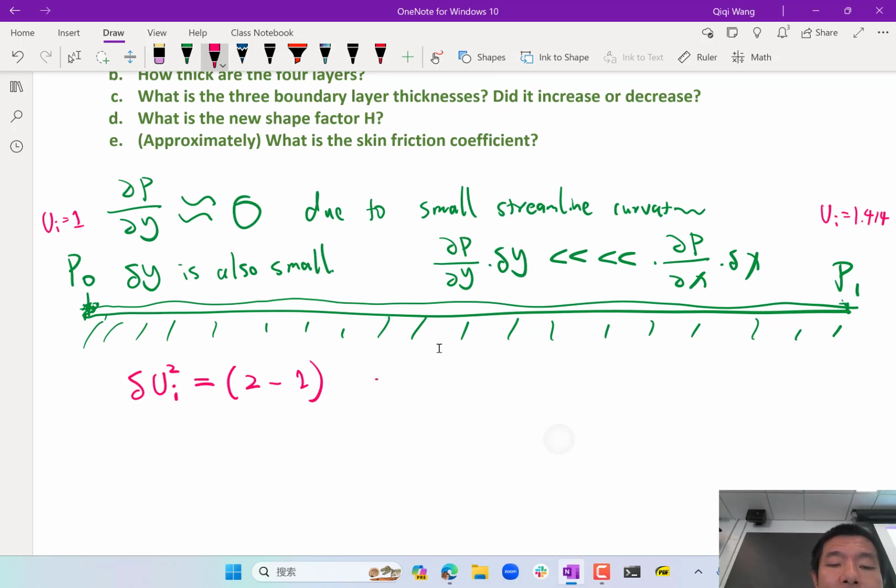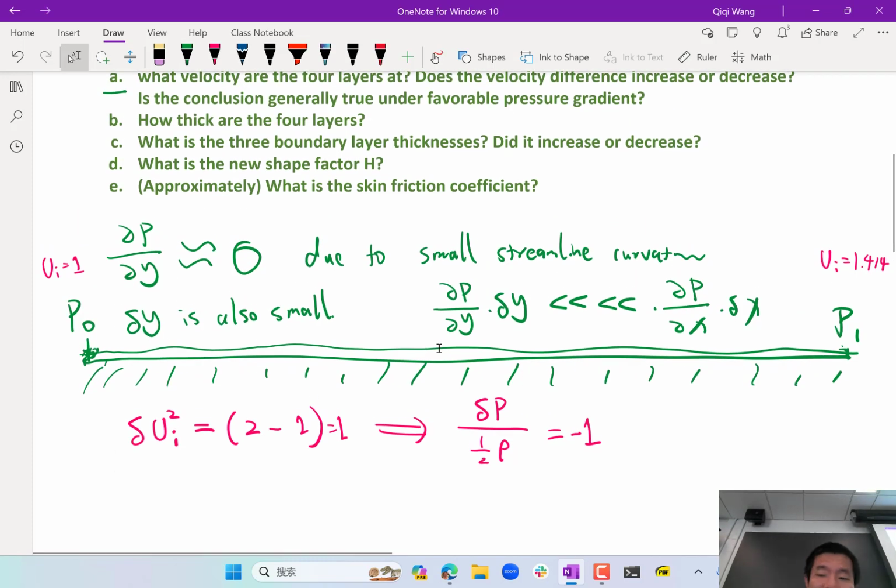Okay, that means my delta P over half of rho is also equal to 1. That's because of Bernoulli's applied to the outermost layer. Actually minus 1, because the pressure has decreased.